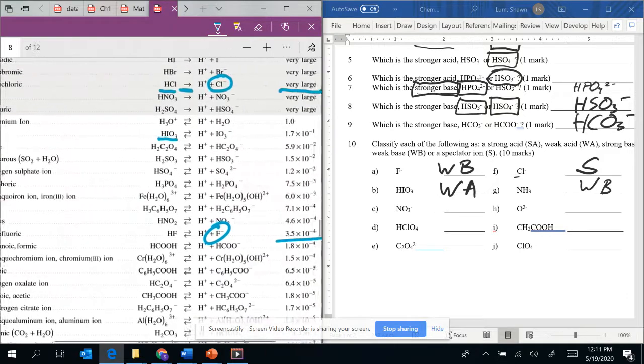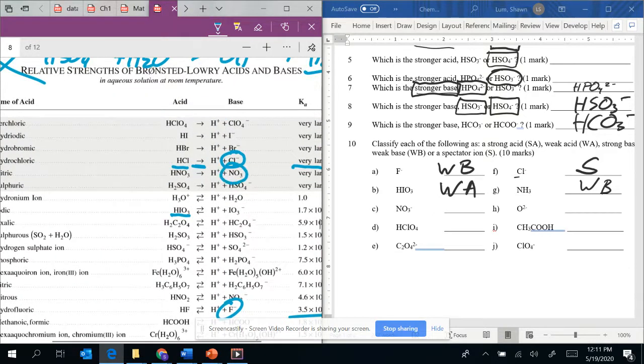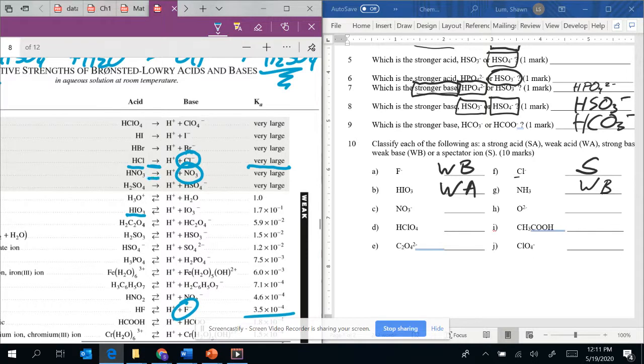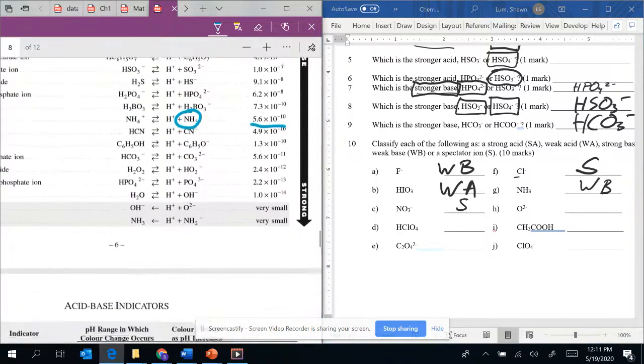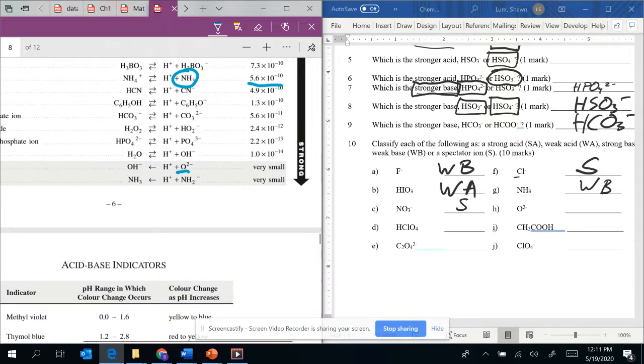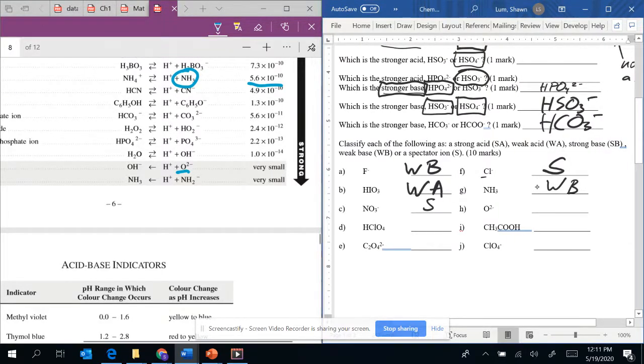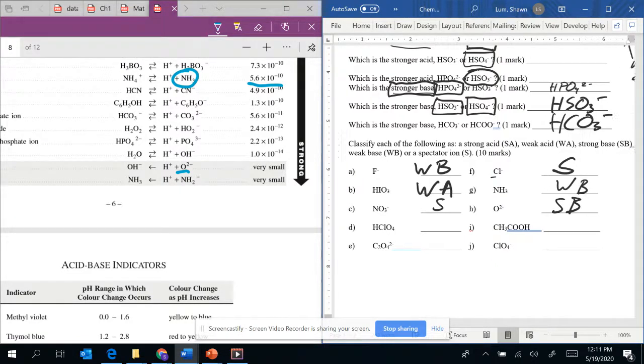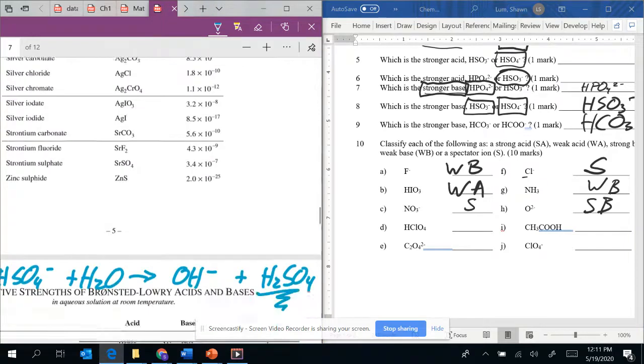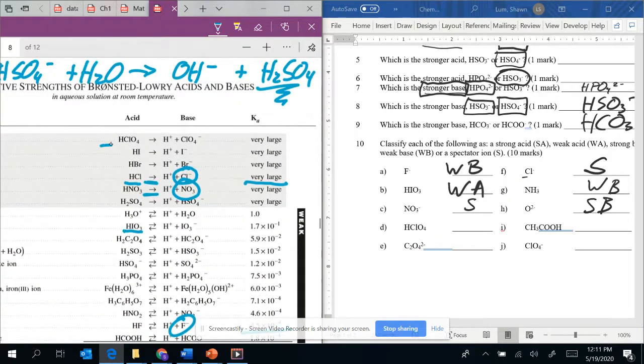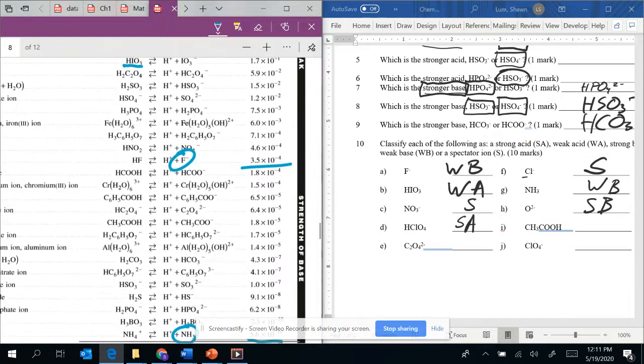NO3 minus, same thing as before. It's right up here. This HNO3 is a strong acid, so this is just going to be a spectator ion. Okay. O2 minus, kind of crazy, and we'll talk more about this one later. But this is going to be your strong base. Okay. HClO4. Up here. Strong acid. CH3COOH. Right here. Weak acid.